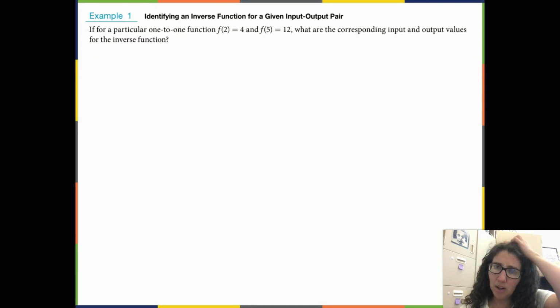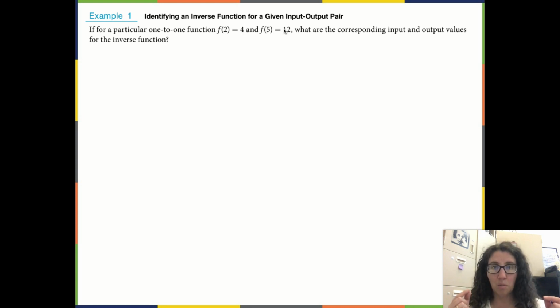All right, so let's think about inputs and outputs for a minute. So we've got a particular one-to-one function, f, and we know if we put in 2, out pops 4, and if we put in 5, out pops 12. And let's say we know it has an inverse, f inverse. What two function statements can we make about f inverse? Well, the input of f gives us this output, and this input gives us this output.